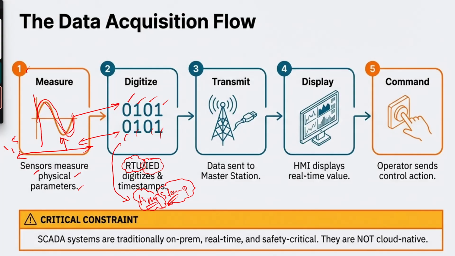Now we have converted the analog signal to the digital signal. So now we just have to transmit the data, correct? To transmit the data, we cannot transmit this data simply as it is, correct? This has to be encapsulated. So we use protocols like IEC 60870, or else we use DNP3. We will see in depth what exactly these protocols are.